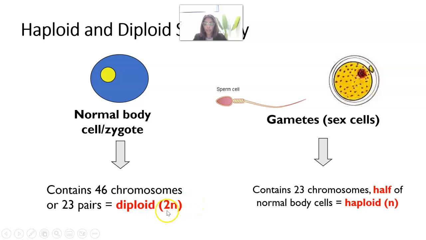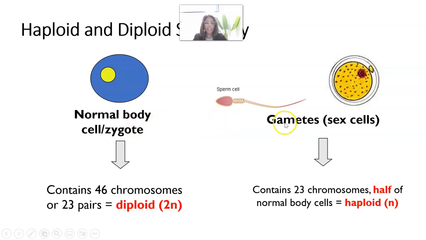So that means 2 times n, in this case n for humans is 23. So 2 times 23, which gives us 46. Now normal body cells, also known as somatic cells, contain the 46 diploid number of chromosomes, as does a zygote.